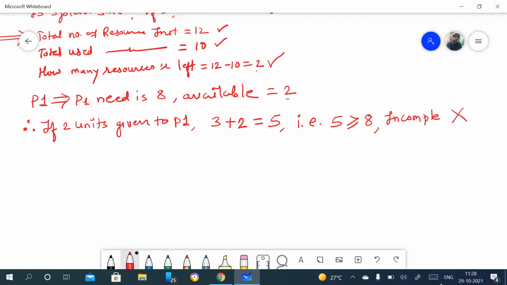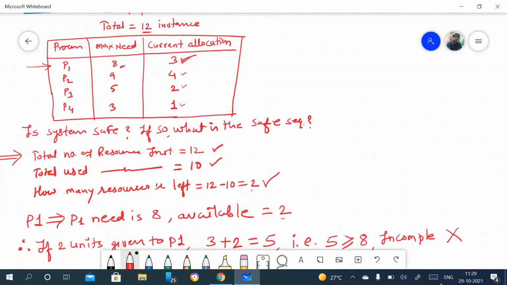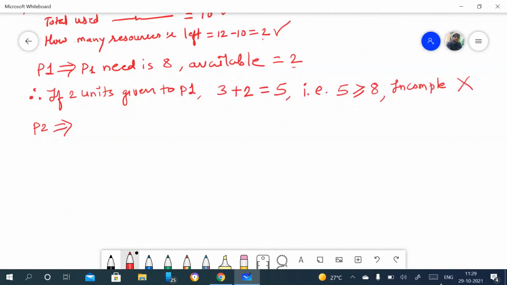Right? Now the same thing, we'll go for P2. Now we give 2 resources to P2, and you can see that P2 allocated is 4 and the need is 9, right? So for P2, suppose we are giving 2 units.